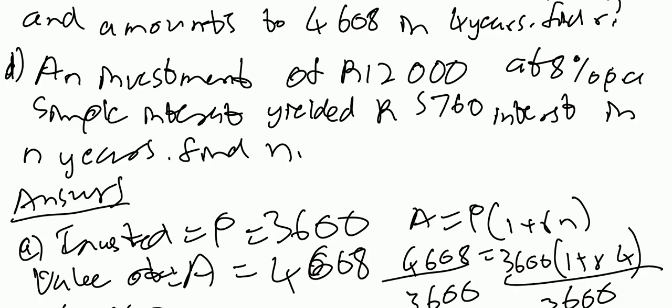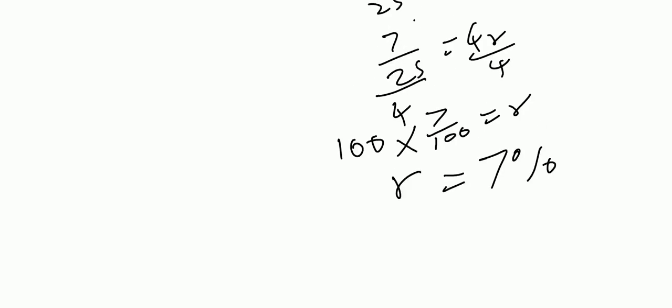That means it gave us this interest. It has accumulated and made 5,760 extra in n years. We don't know how many years. We are looking for how many years. Our question is find n, which is the number of years.